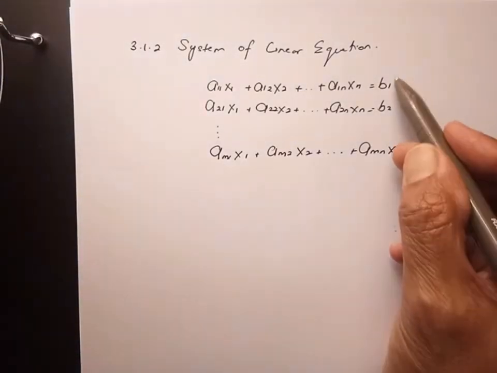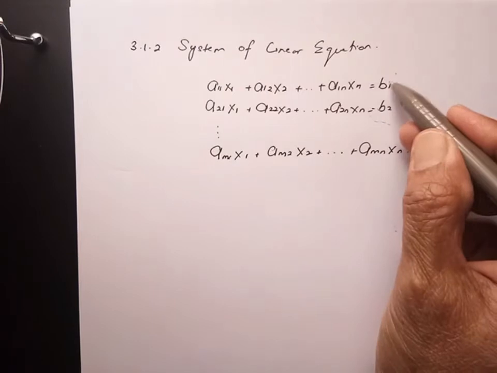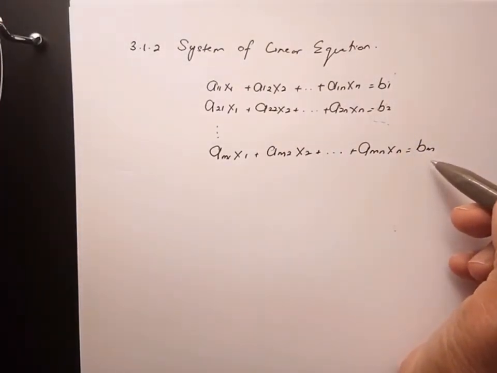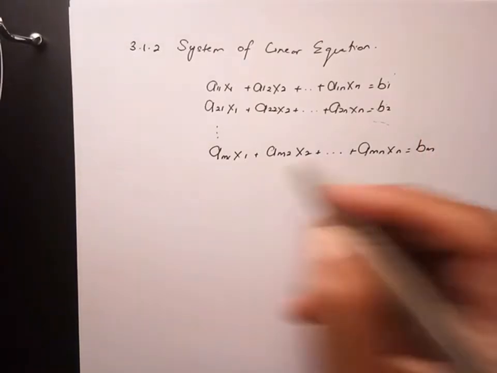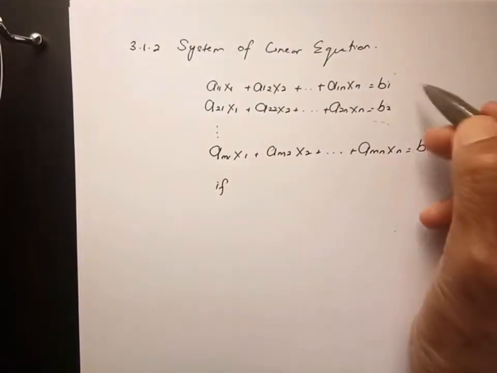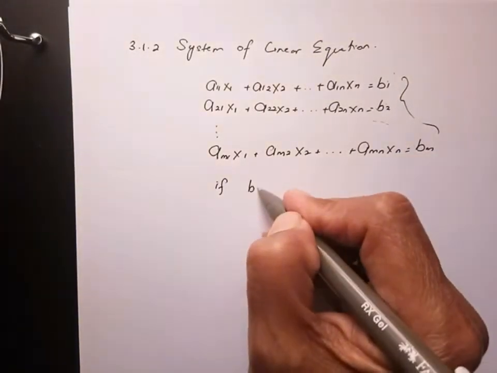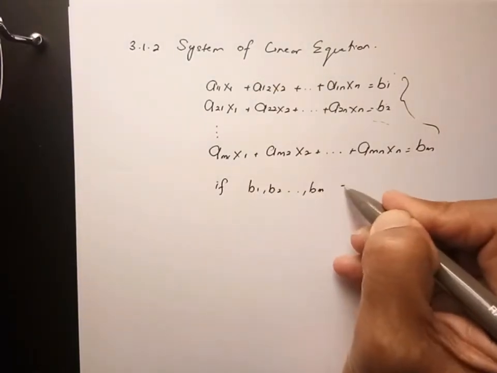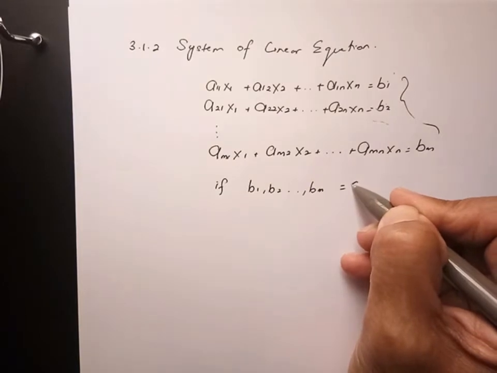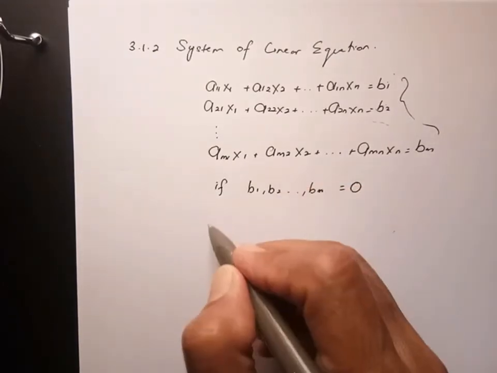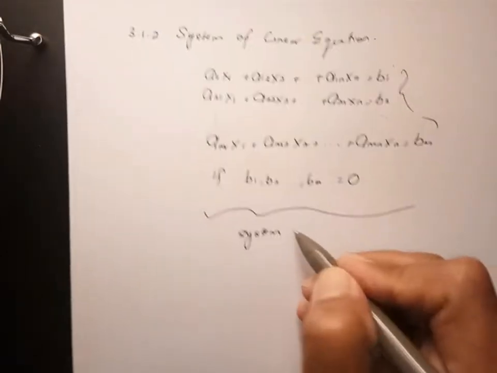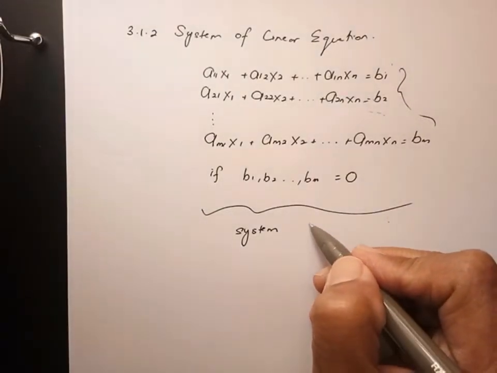Okay, b1, b2, b3 until bm is called the right side value or constant. If b1, b2 until bm are all 0, then this system is called homogeneous system.